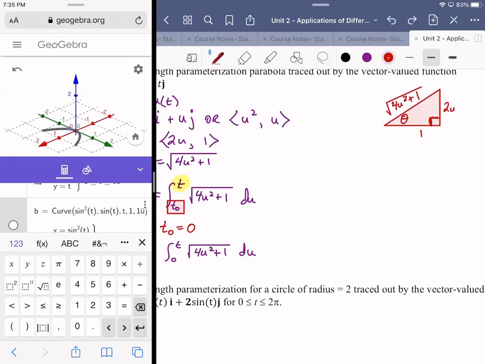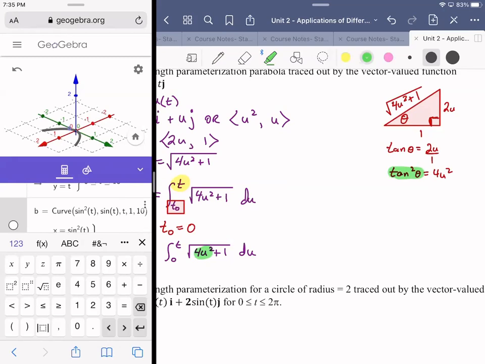All right, but at least in this way, it allows me to use a tangent. Tangent of theta is equal to 2u over 1, opposite over adjacent, to make that substitution, because then tangent squared theta would be equal to 4u squared. Now I have a direct substitution. All right. So this can now be replaced with that.